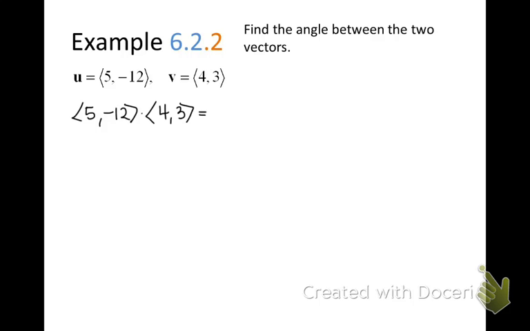How do you find the magnitude? Pythagorean theorem stuff. So the square root of 5 squared plus -12 squared. That's the magnitude of u. I want to multiply that by the magnitude of v, which will be the square root of 4 squared plus 3 squared. And then that times the cosine of theta, right?